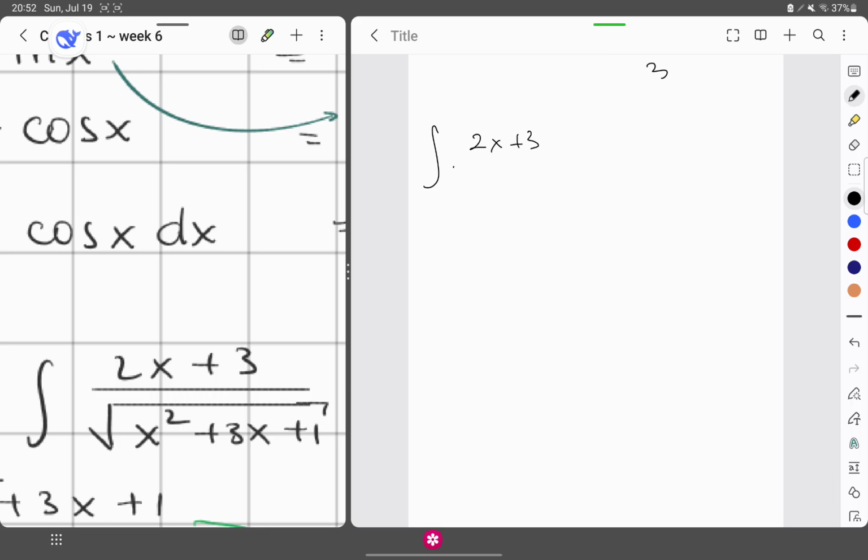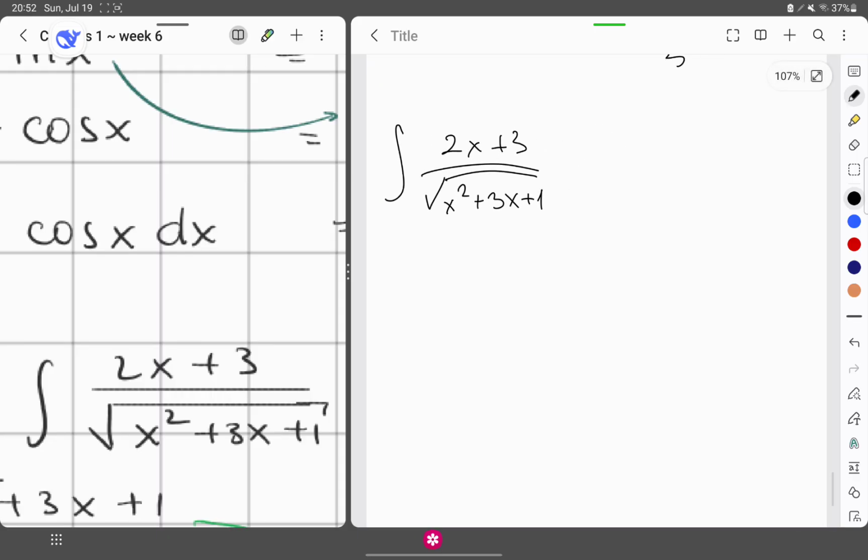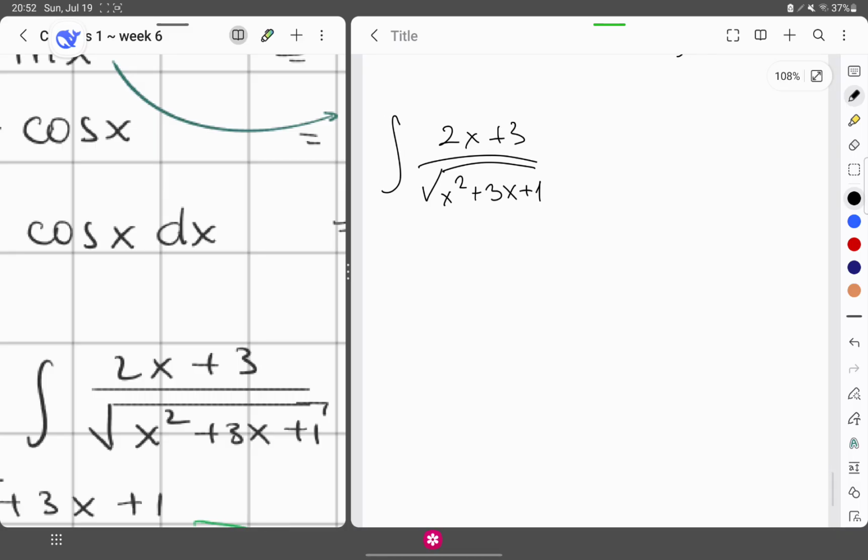2x plus 3 over x squared plus 3x plus 1. Let's think about it. I've seen a video on YouTube Shorts like this. Firstly, check the denominator. The derivative of the denominator will be 2x plus 3.